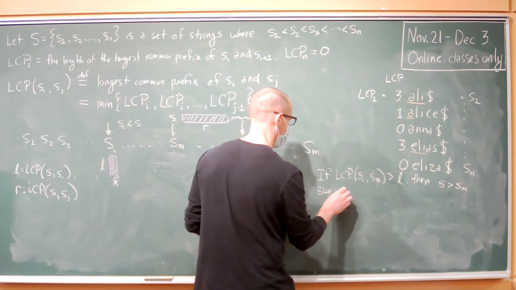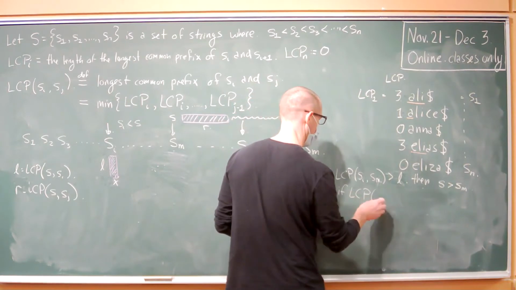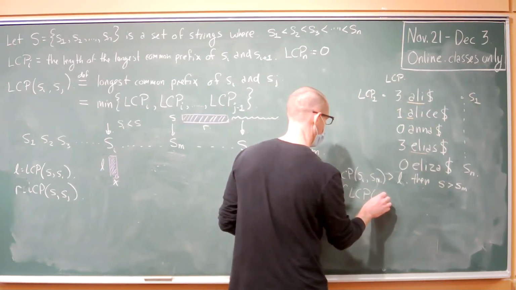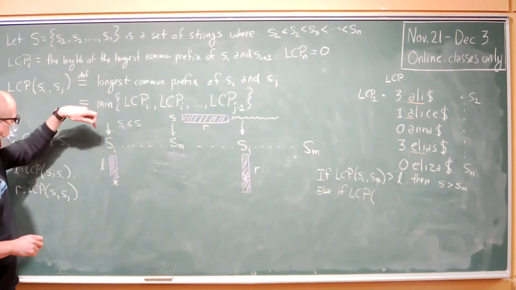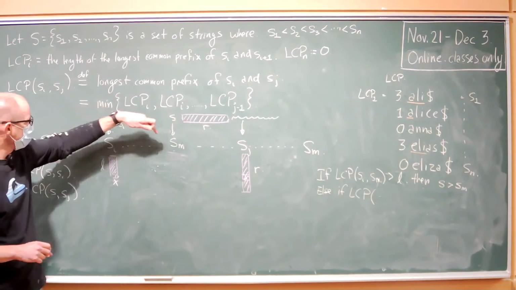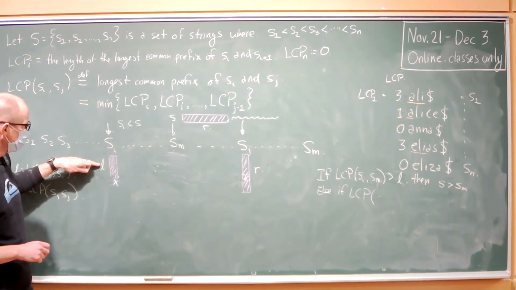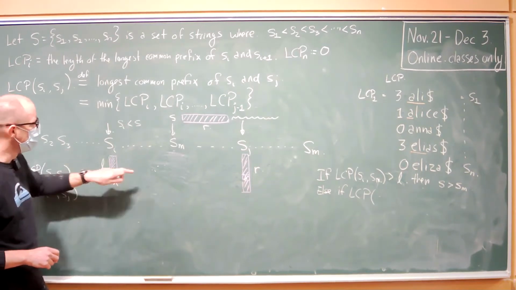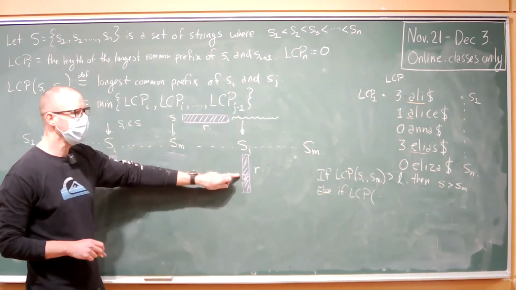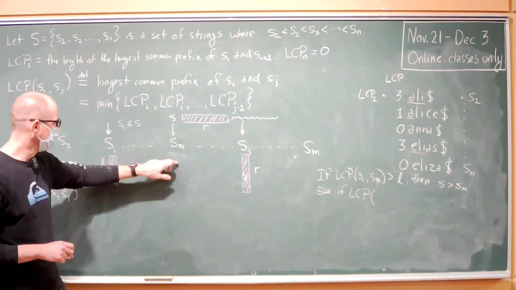Otherwise, we're going to look at the LCP of, okay, and I should mention that, of course, the LCP of SI and SM is at least L. That's because the first L letters here are equal to the first L letters here, which means that the first L letters of everything are equal to the same thing, including SM.